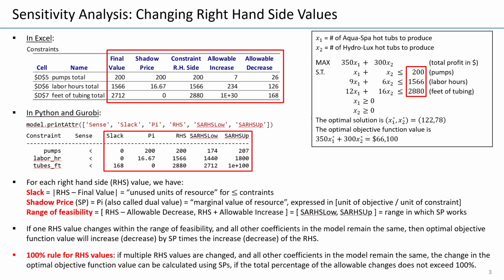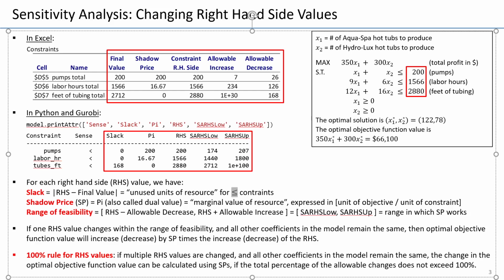So what is the information that we see in both of those tables? The first thing is the slack, given here directly or as a difference in columns 3 and 1 in the Excel report. For a resource constraint, this denotes unused units of resource.